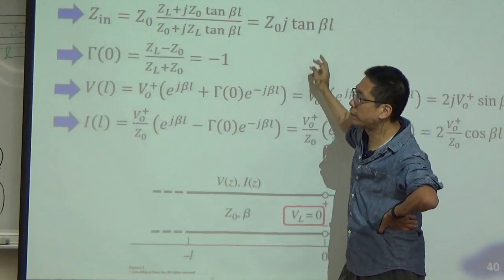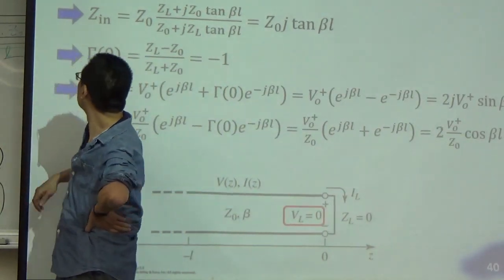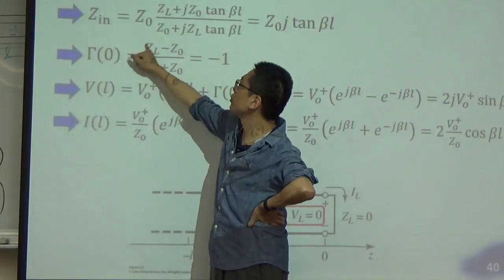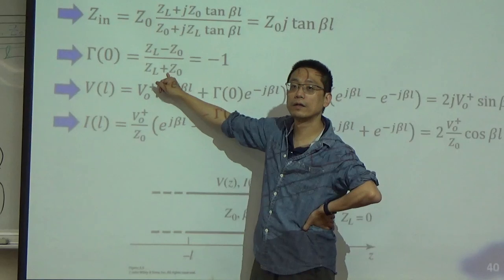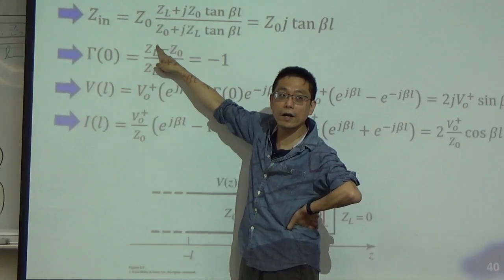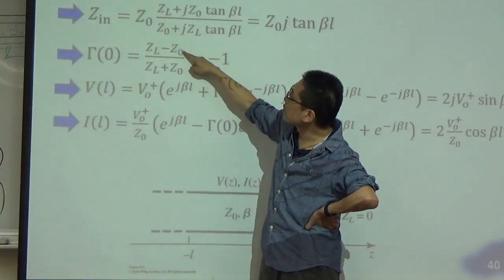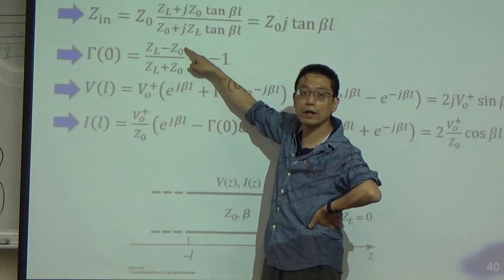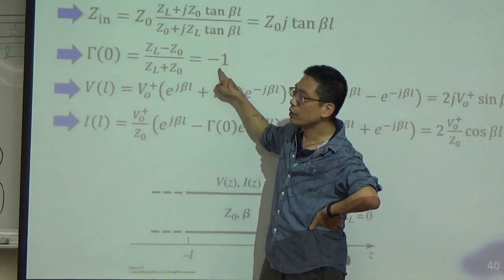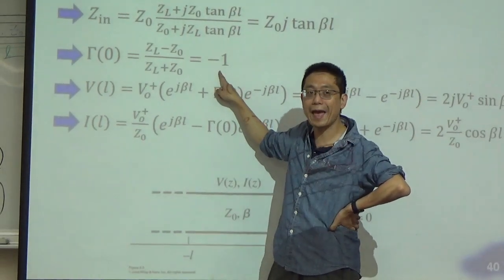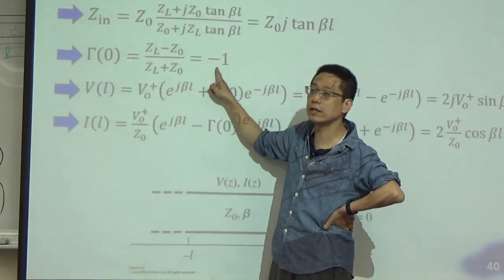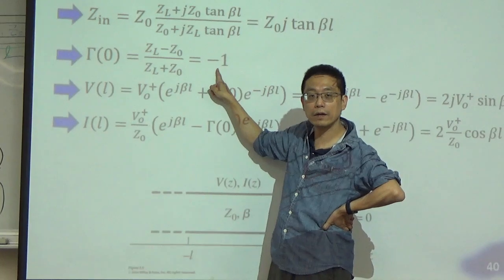Okay? And I erased it. There is an equation for gamma 0, or you can directly use this equation. If your ZL is 0 here and here, you cancel your Z0 in the numerator and the denominator, and you obtain your reflection coefficient at z equals 0, or L equals 0, it is -1. Okay?